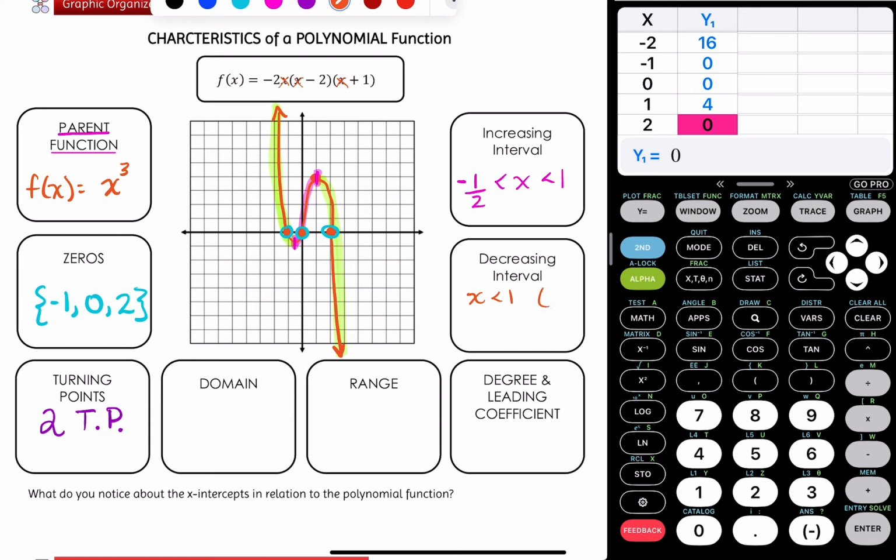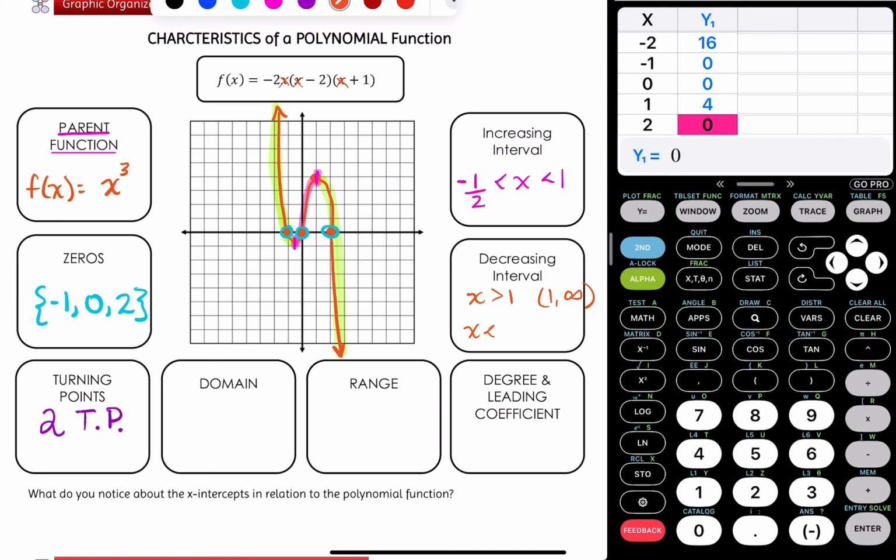Okay, that could also be from 1 to infinity. It's also decreasing when x is less than, oops, and I made a mistake here. This should be x is greater than 1.